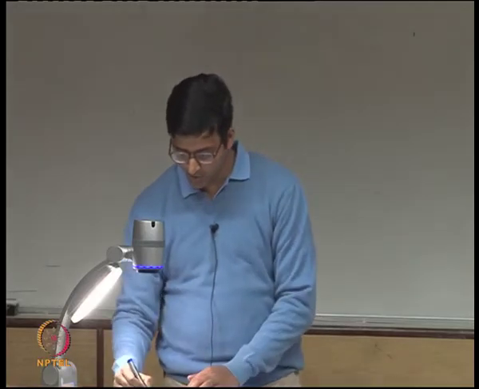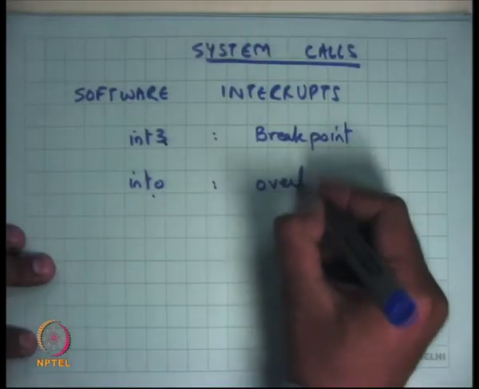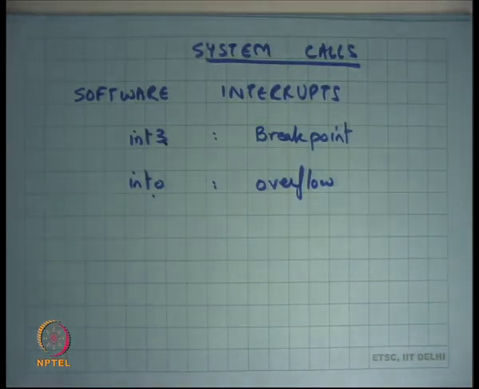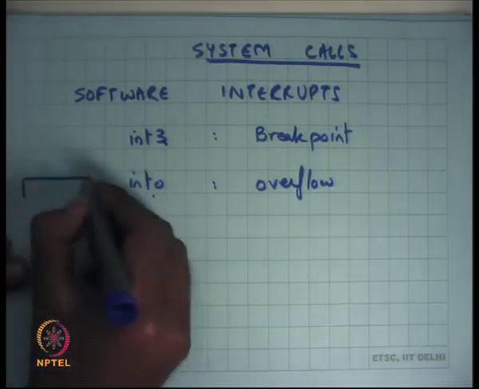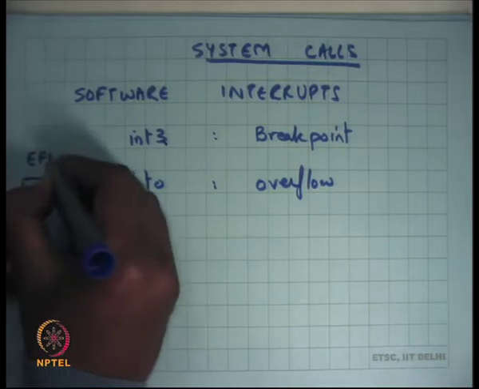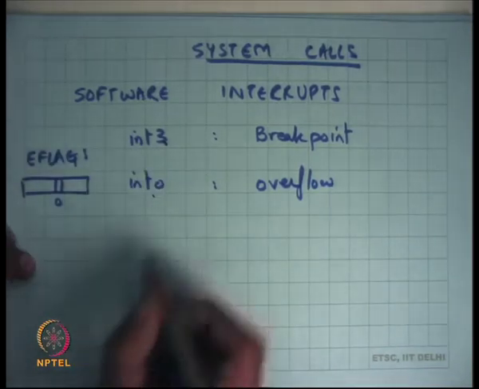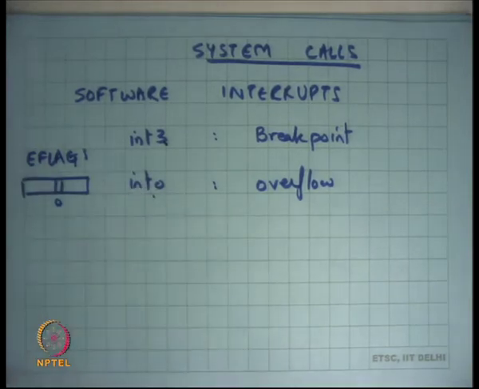Similarly, interrupt overflow is an overflow condition. So this basically says that if in the eFlags register the overflow bit is set, then cause an interrupt. The way the hardware designers imagined this to be used is you perform some computation and then you execute the into instruction.